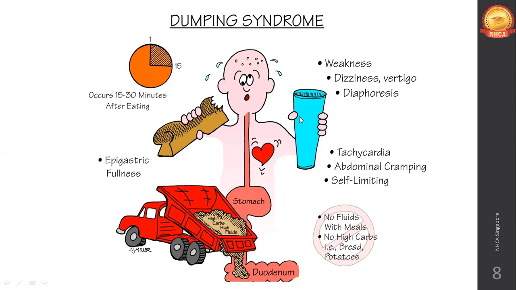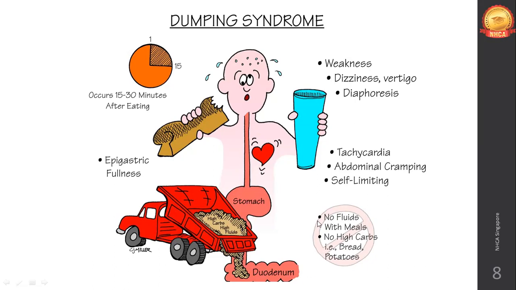So there are certain situations in which dumping syndrome is very common. As I mentioned, you have esophageal sphincters at the end of the esophagus, which opens into the stomach. In the same way, you also have sphincters below the stomach, okay, the gastric sphincter, which open up into the duodenum.